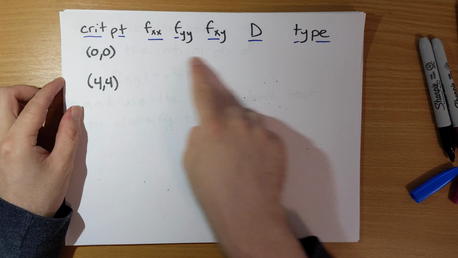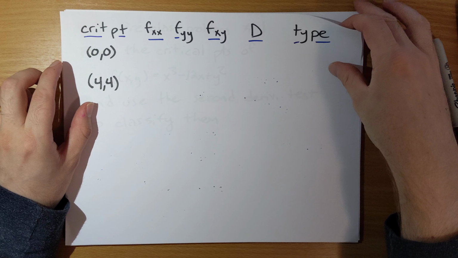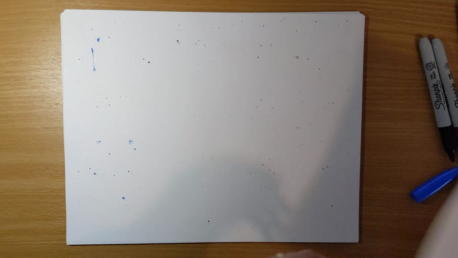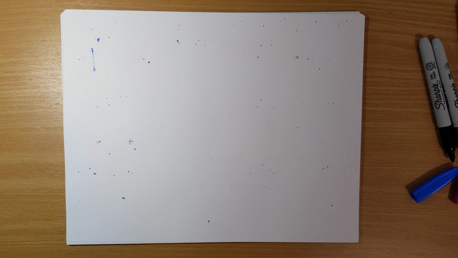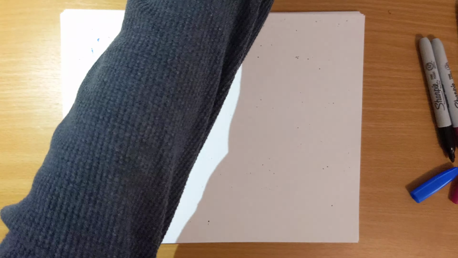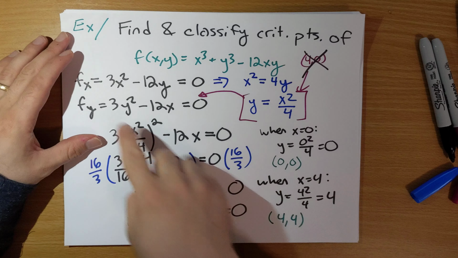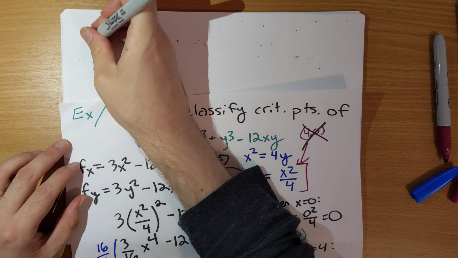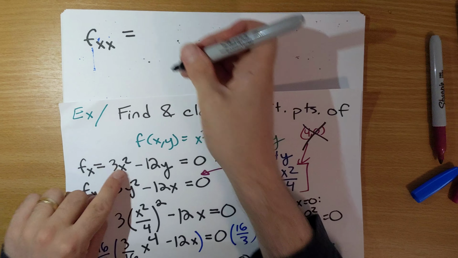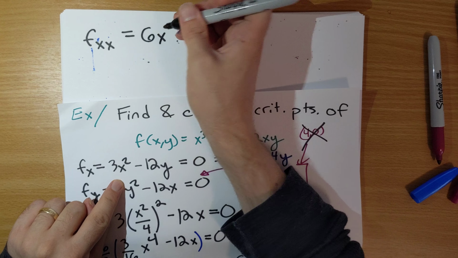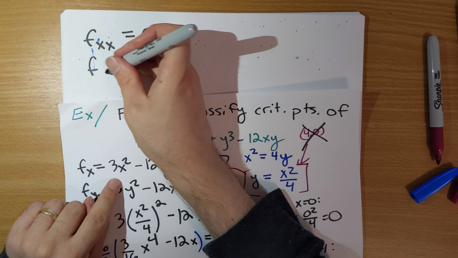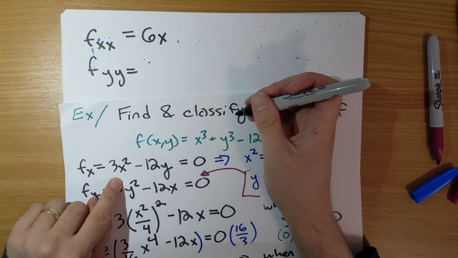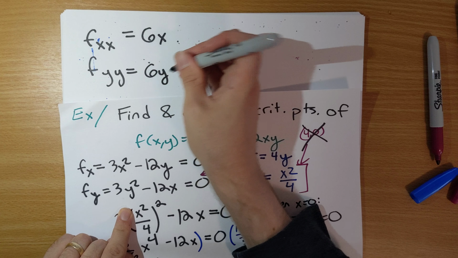And before we fill in the rest of this, let us do the second order partial derivatives. Okay, so our f sub xx will be 6x minus 0. f sub yy will be 6y minus 0.